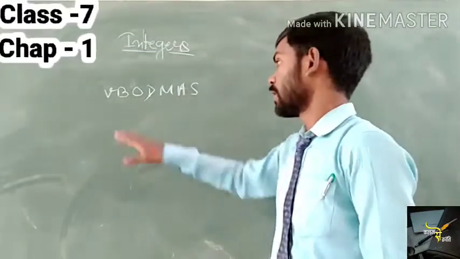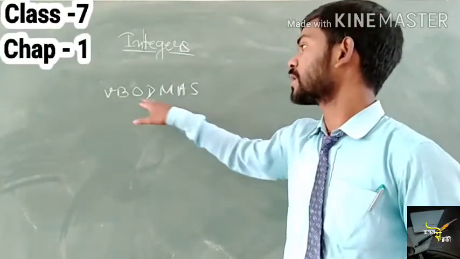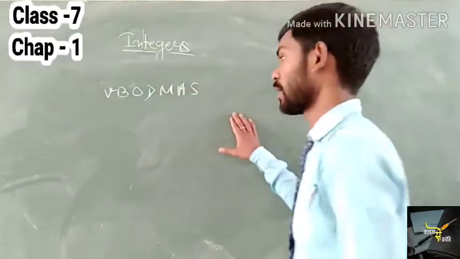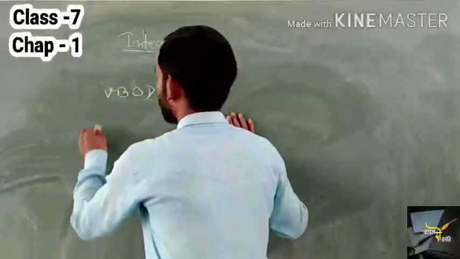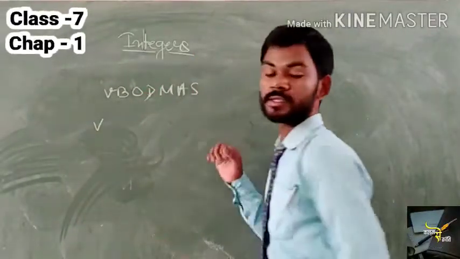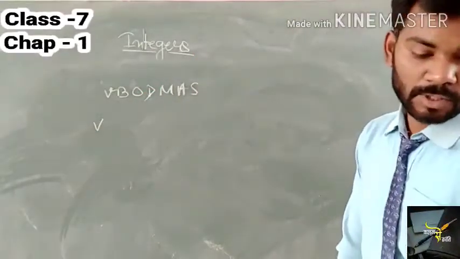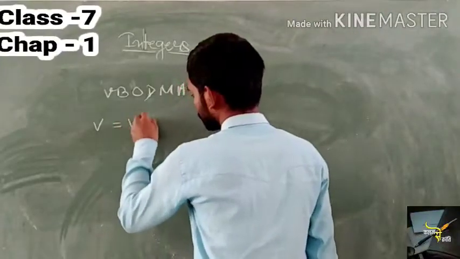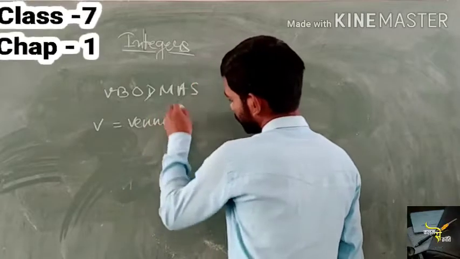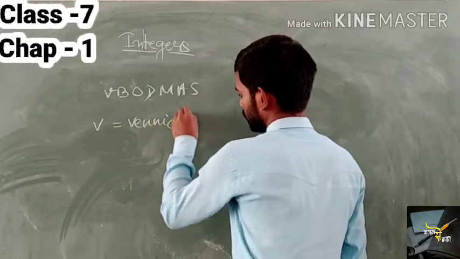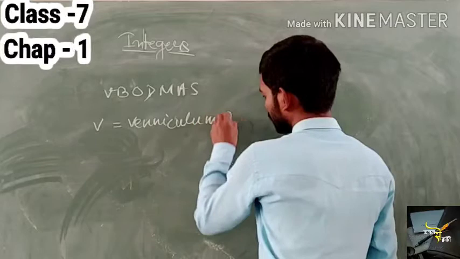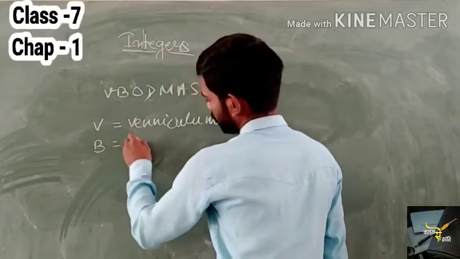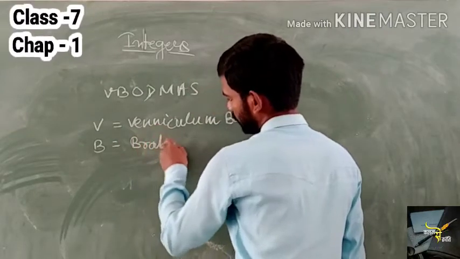The letters VBODMAS stand for: V stands for vinculum bar. B stands for brackets.